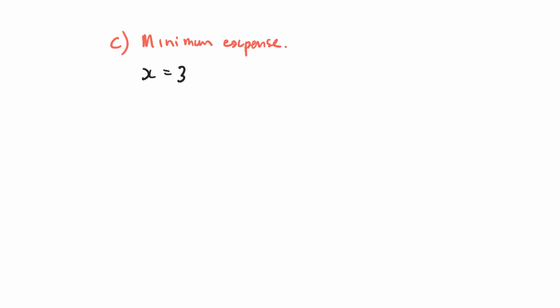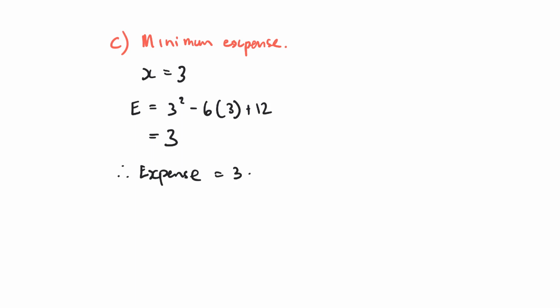So all we do now is substitute that x equals 3 back into the original function. And this gives us an answer of 3. So to answer the actual question, our minimum expense is 3 lots of 10,000, otherwise known as $30,000.